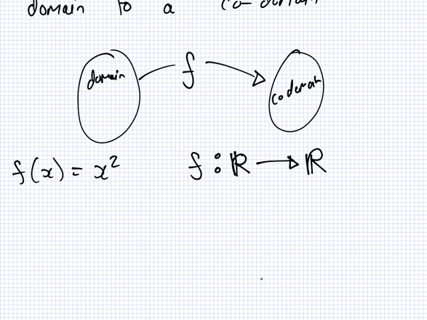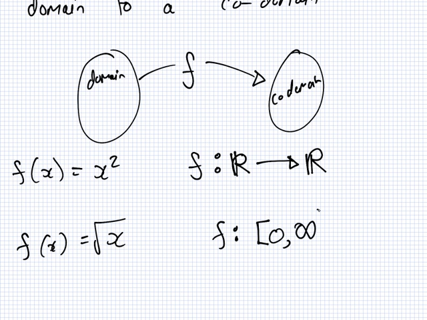Well, the domain isn't always the real numbers, because for example, if I had a function like this, does it take a number from the reals? No, it doesn't, because you can't use negative numbers. So this function only takes positive numbers, and it gives me a real number back.